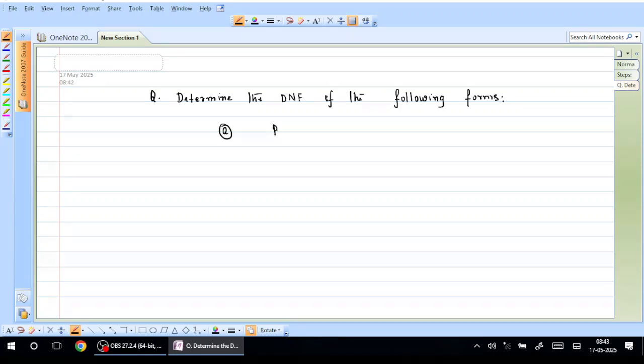P implies Q, and this implies P, right? So see here, I will apply the first step. First step is to handle conditional or biconditional. Here only conditional is appearing. So first conditional is here, again next conditional is here.